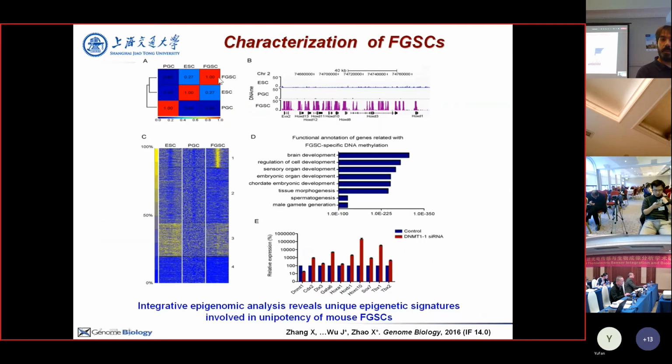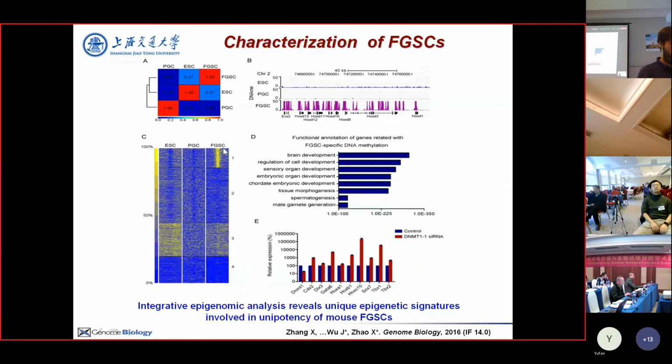For the epigenetic characteristics of the FGSC, integrative epigenetic analysis revealed a unique epigenetic signature involved in the unipotency of the mouse FGSC.